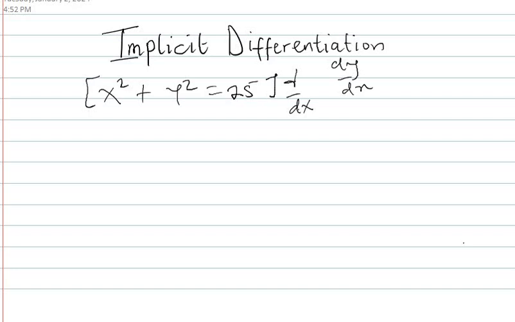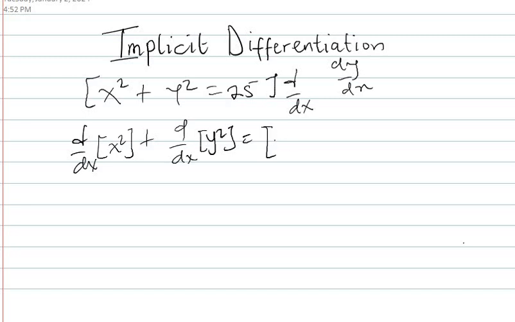After that, we can say d by dx of x squared plus d by dx of y squared is equal to d by dx of 25.